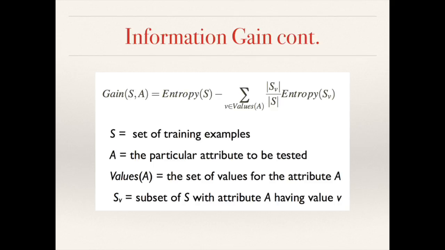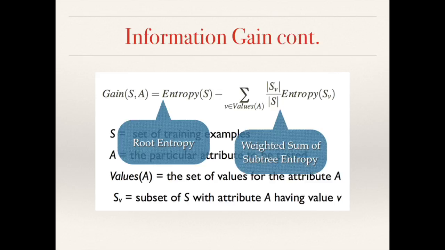The subtrees are, of course, constructed by examining the value of the particular attribute. The difference between the entropy of the entire system before and the weighted sum of the entropy of those individual subtrees is the gain of information we obtained from testing that particular attribute.